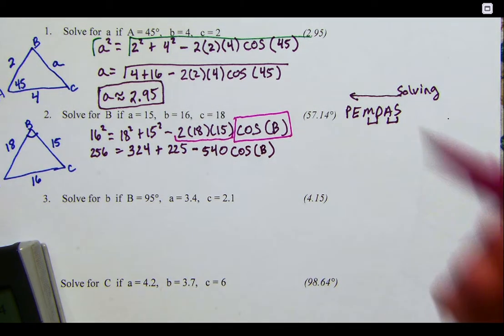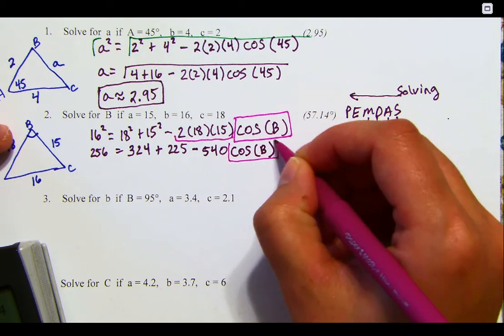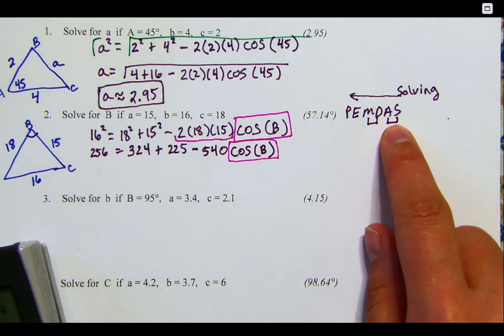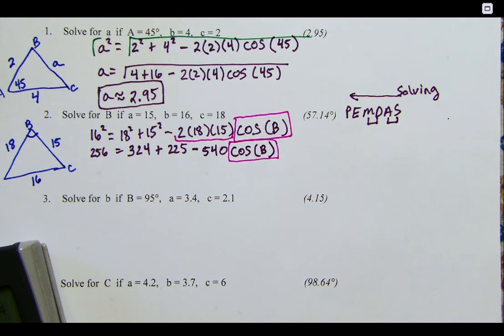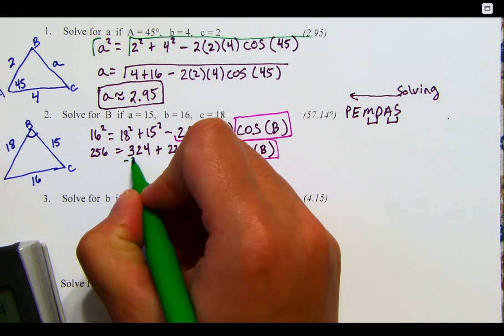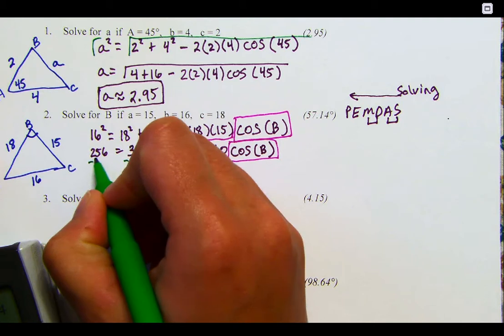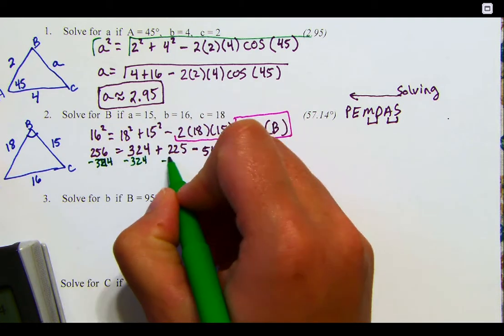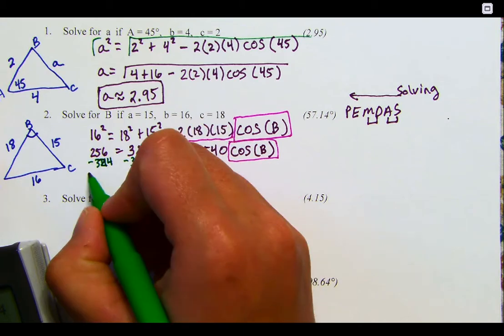All right, so again, my goal is trying to get this alone. So I have to start by undoing my addition and subtraction. Next, I'm going to subtract this 324 over, and at the same time, I'm also going to subtract the 225.